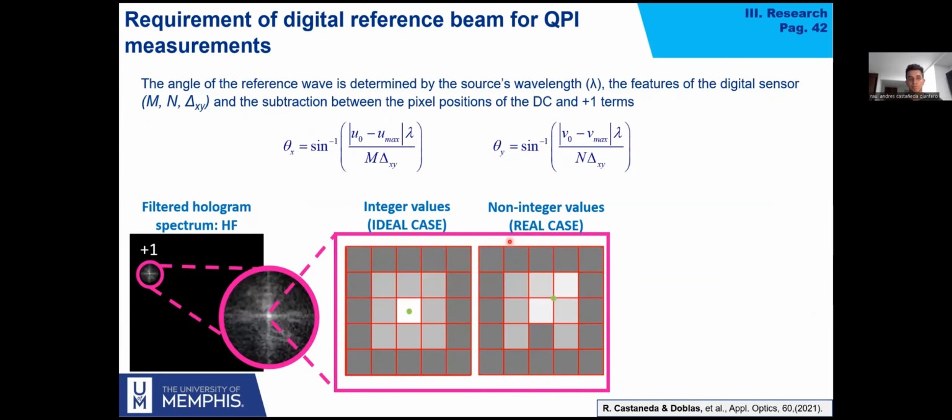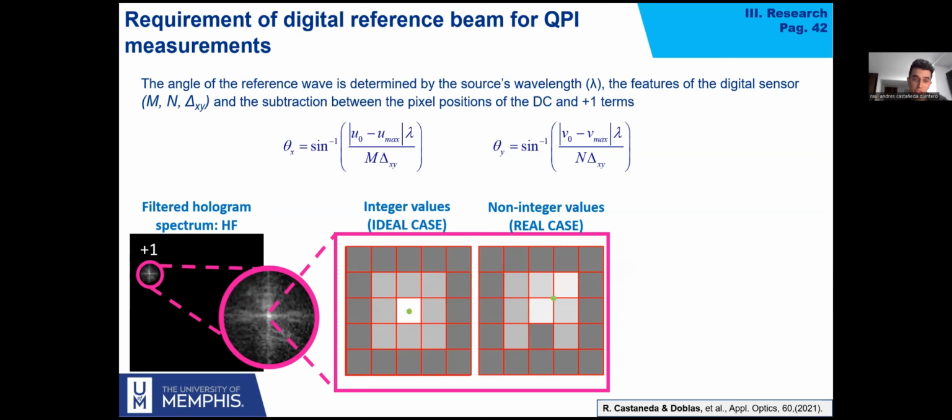Now, the problem is that in the ideal case, the maximum value in the +1 term must be located at an integer pixel position, right?